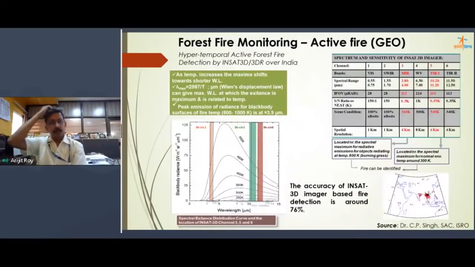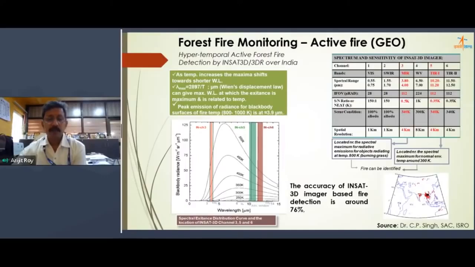If we talk about geostationary sensors for picking up forest fires, we have INSAT-3D and 3DR, which are Indian satellites over India. INSAT-3D and 3DR have two thermal channels, one at 11 micron and one at MIR, that is 4 micron. A combination of these two is used to detect fire activities, and since it is geostationary, we are able to image the disk over India every half an hour.